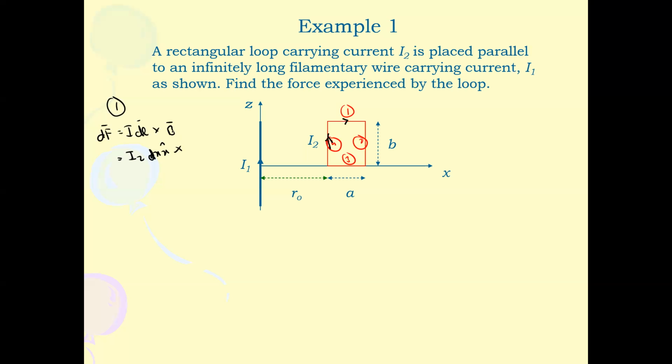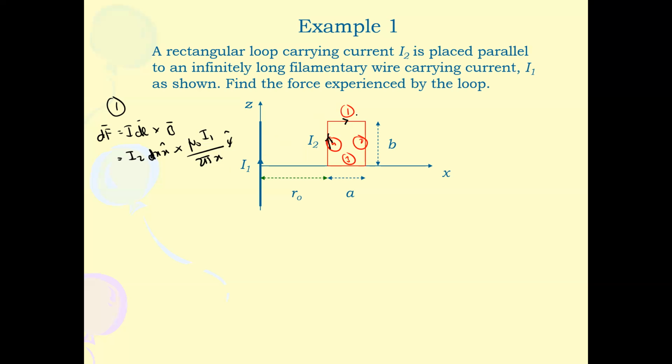Whereas for the B vector, which is produced by I1 at element 1, we have it as mu naught I1 divided by 2 pi x in the direction of phi. Looking at this equation of B, I'm taking the radial distance from the I1 current, which is infinite in length, to side number 1 to be x. Why?